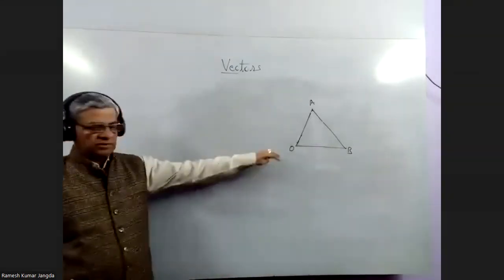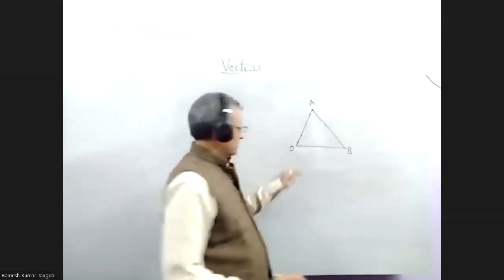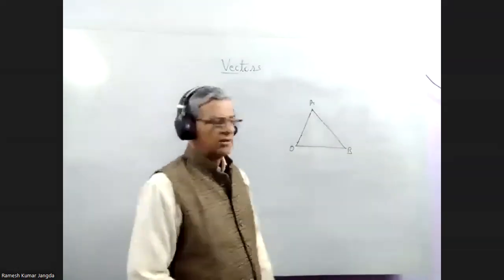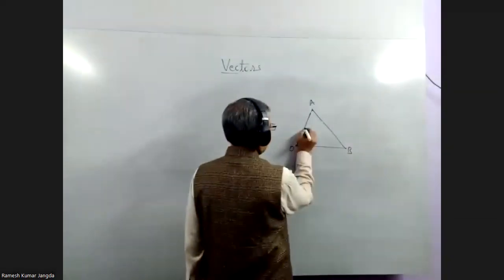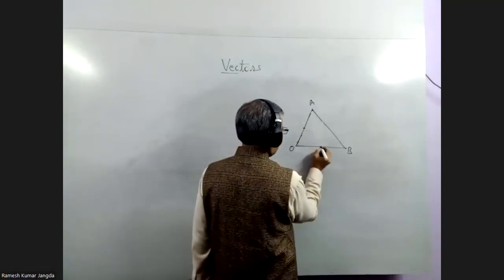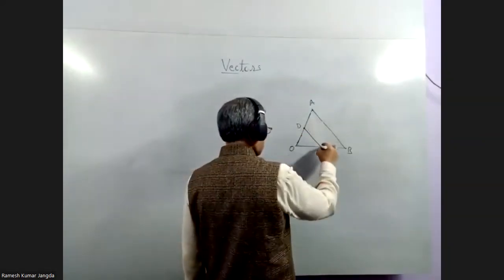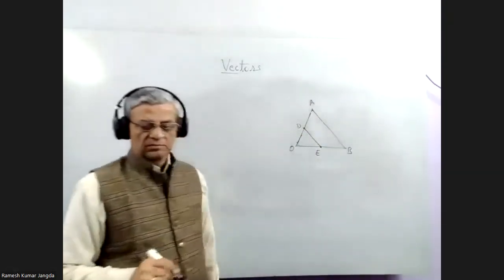Now, in this example, we have a triangle OAB, and we have midpoints of the sides, D and E. If I join D and E, then by midpoint theorem, we know that... याद है बेटा midpoint theorem?